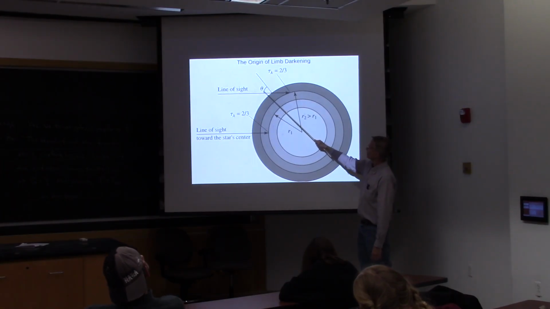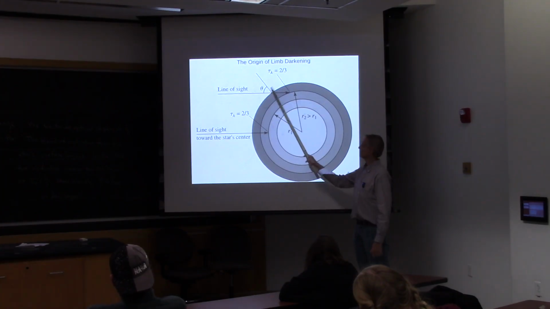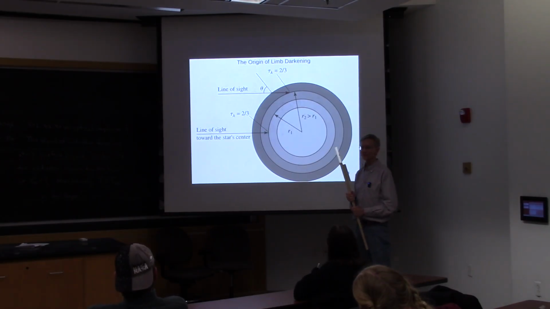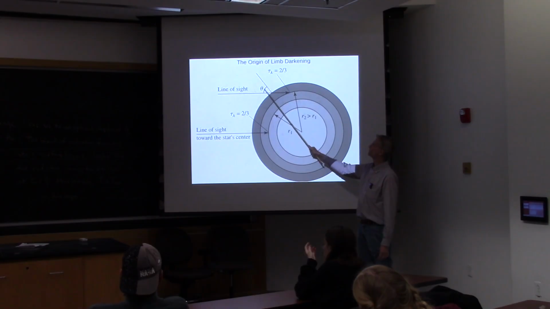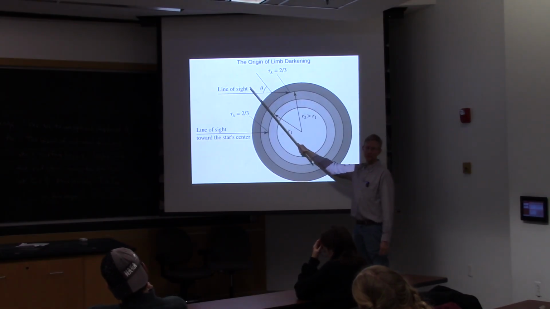Meanwhile, oh, look, there's a theta right there. And remember, we've had lots of cosine thetas and secant thetas and so forth showing up. What symbol have we used for the cosine of theta in here? Yes, mu, right? So limb darkening models usually are a function of mu, which is the cosine of this angle to the vertical to the surface.